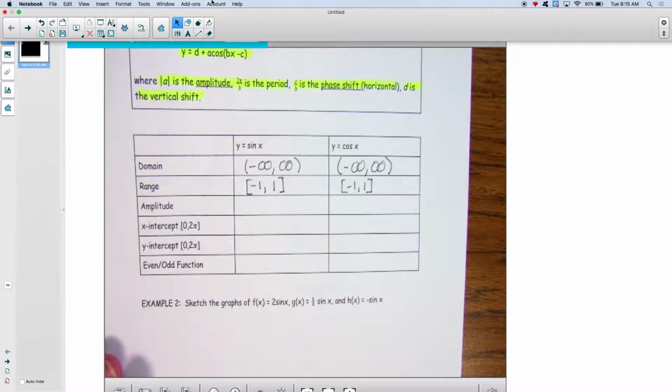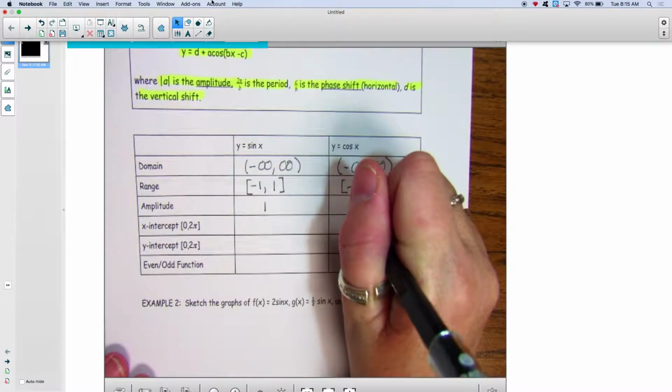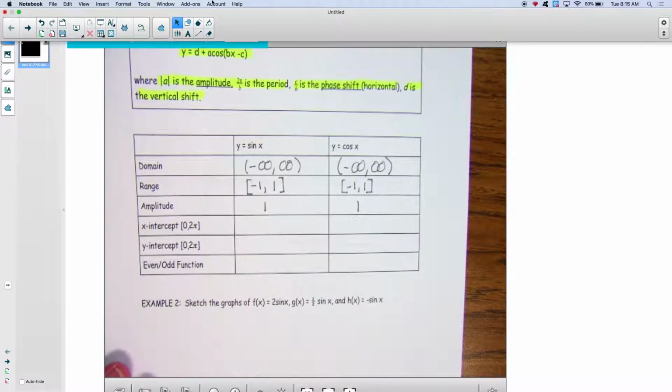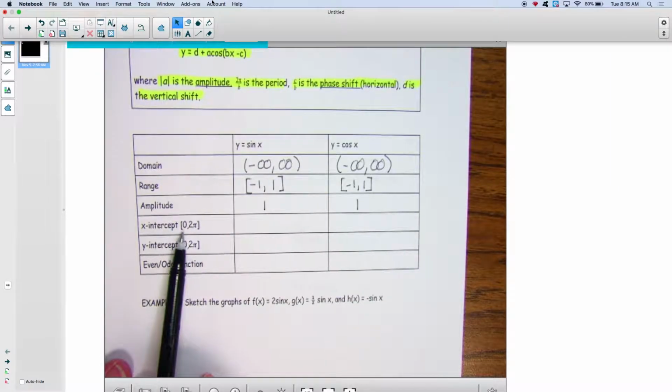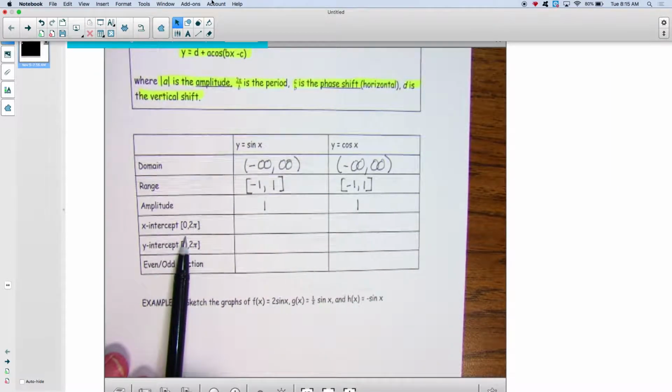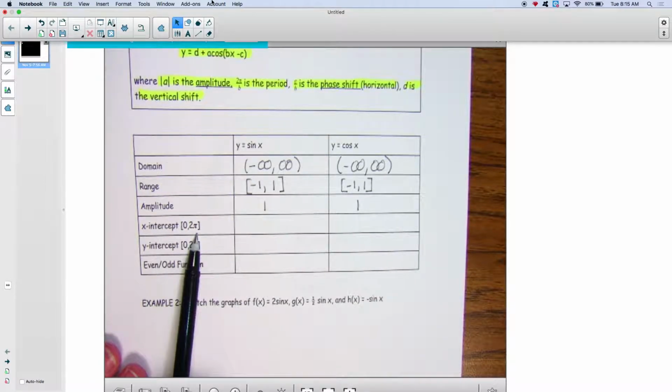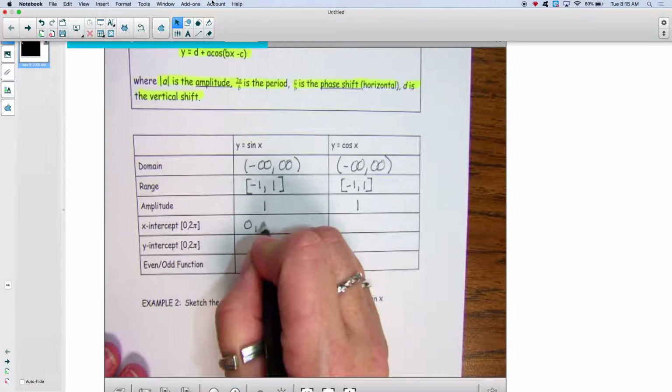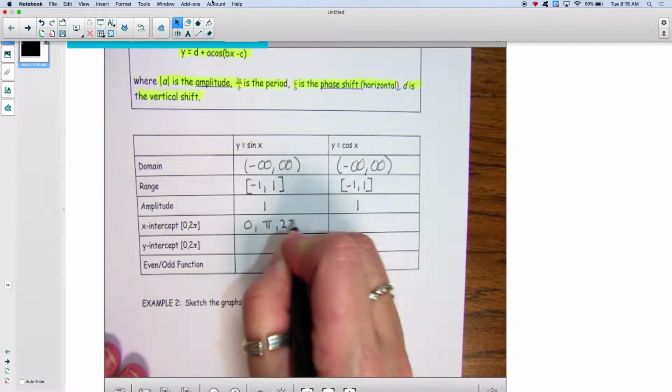What's the amplitude? How tall are these graphs? They're just 1 unit high, so 1. For the sine function, what are your x-intercepts between 0 and 2 pi? 0, pi, and 2 pi.